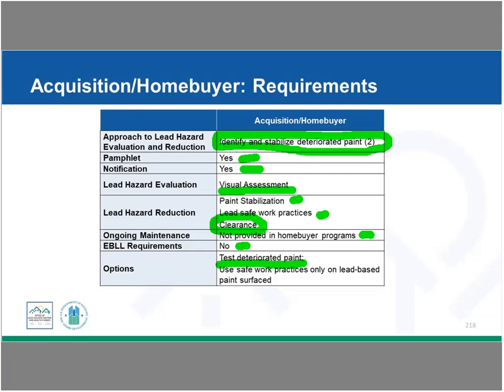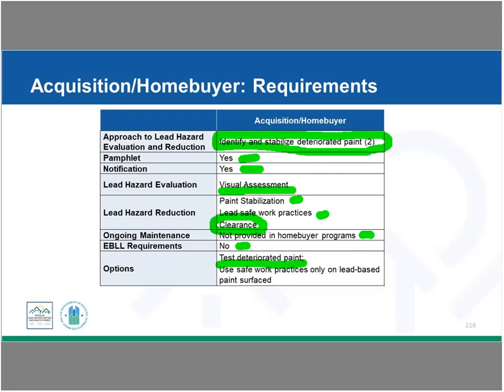So we're required to use lead-safe work practices and do clearance for lead-based paint. But we might find that out of those 20 spots where we have deteriorated paint, maybe only 3 of them actually are lead paint. In that case, we would have our RRP certified contractor do the work on those surfaces that include lead and then do appropriate clearance on that.